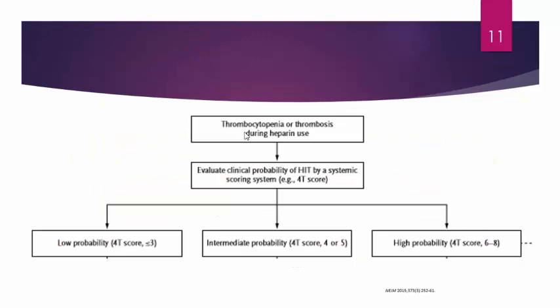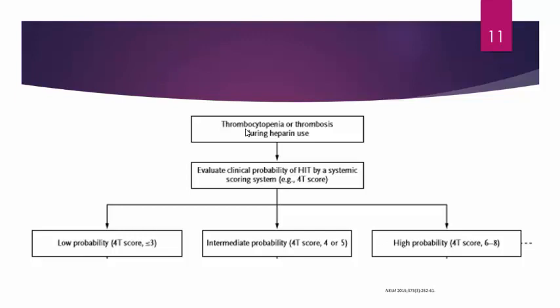So essentially what happens here, like I said, if you have thrombocytopenia that you've detected with your patient or thrombosis during heparin use, and typically thrombocytopenia, most of the time we define as a platelet count of less than 150,000 per cubic millimeter. But in some cases, that thrombocytopenia may actually be defined as that profound platelet drop of greater than 50%.